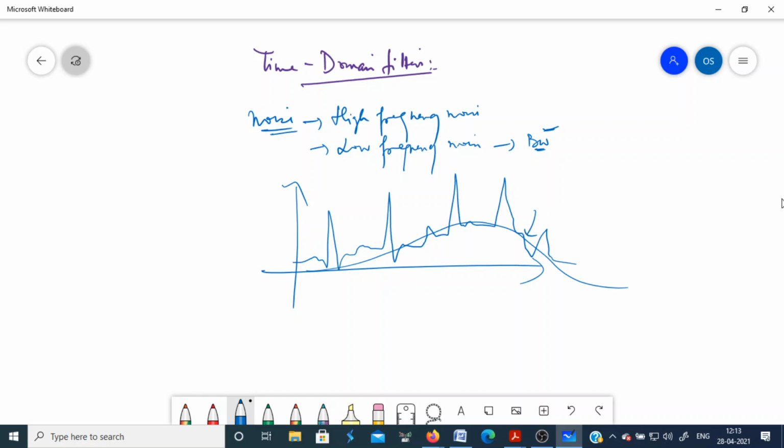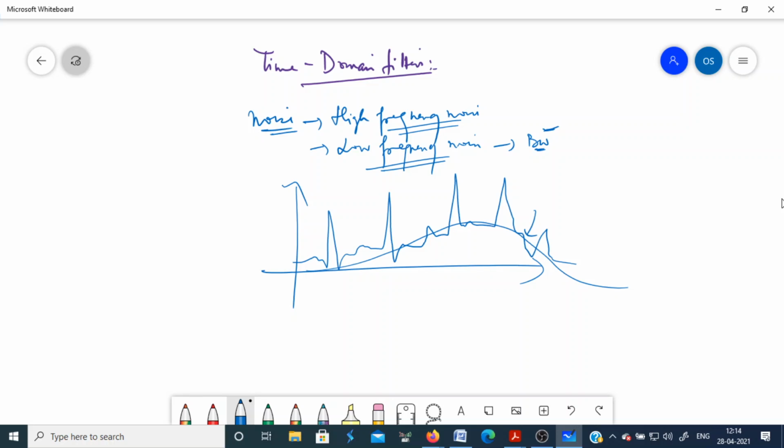So this is a baseline drift, which basically occurs due to respiration, the movement of the chest electrodes, coughing and so on. Okay. So the low frequency and the high frequency noises are the two fundamental noise sources in biomedical signals.